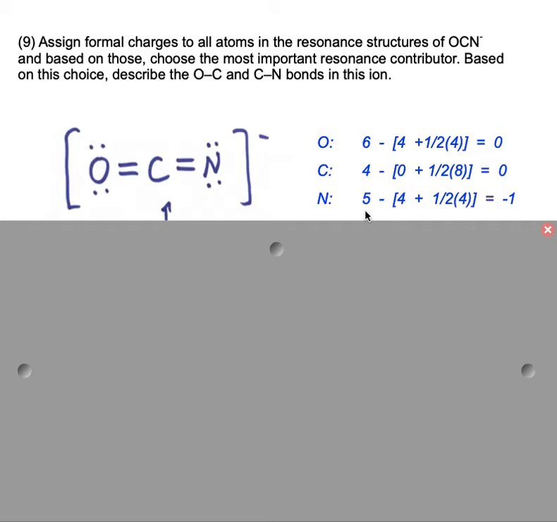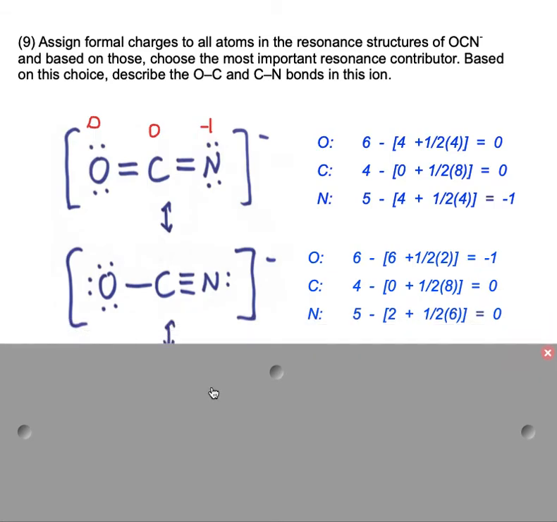Looking pretty good so far. Nitrogen, 5 valence electrons on the free atom, minus 4 unshared electrons from the 2 lone pairs, plus half of the 4 shared electrons, gives me a formal charge of -1. Okay, so that's going to give me 0, 0, -1.